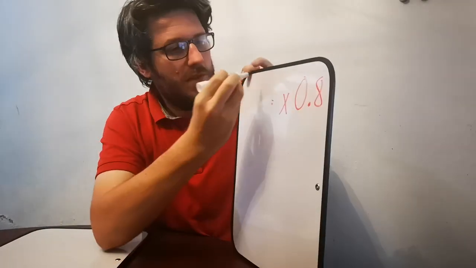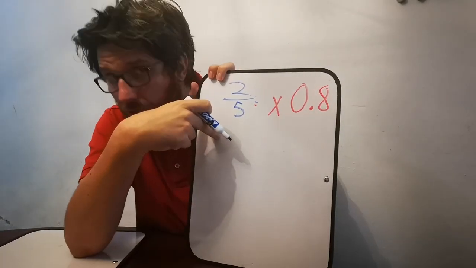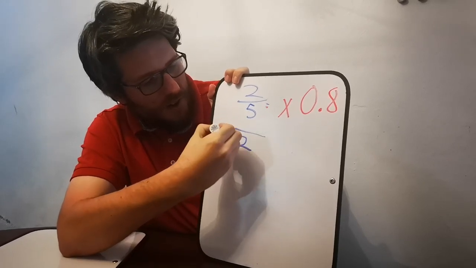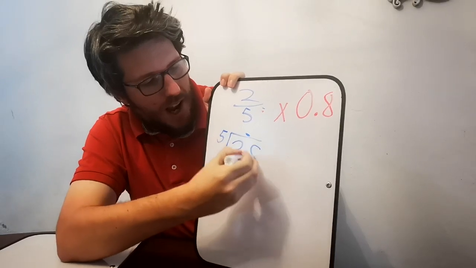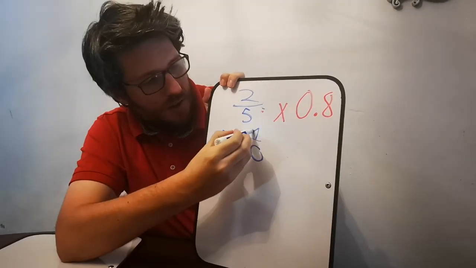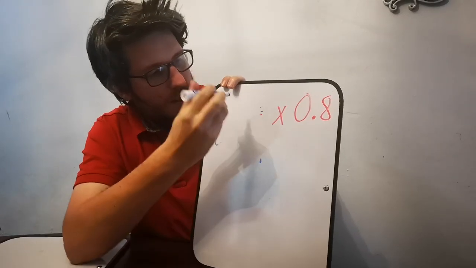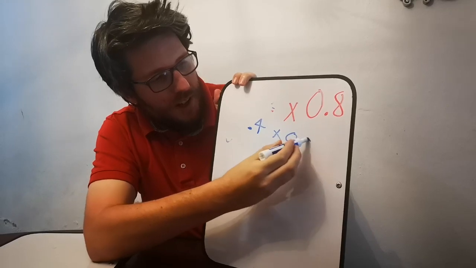There's another way. Here again, we had 2/5. Let's say I want to turn 2/5 into a decimal. How do I do it? I divide. 2 divided by 5. Does 5 go into 2? No. Add a 0, it goes 4 times. So I end up with 0.4 times 0.8.